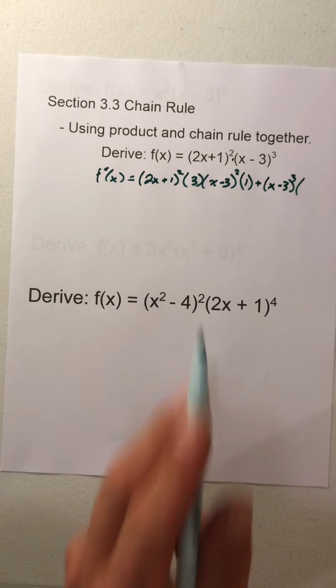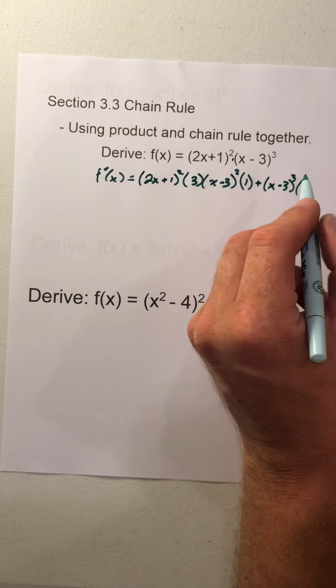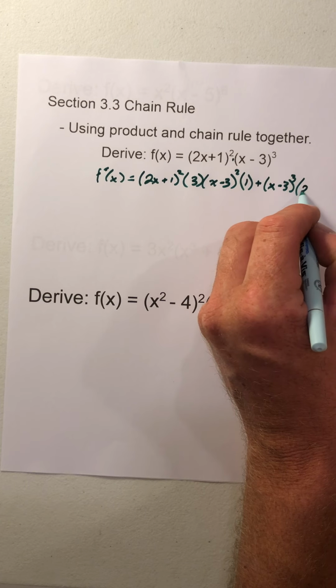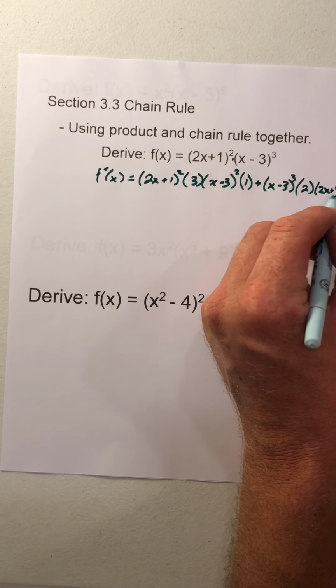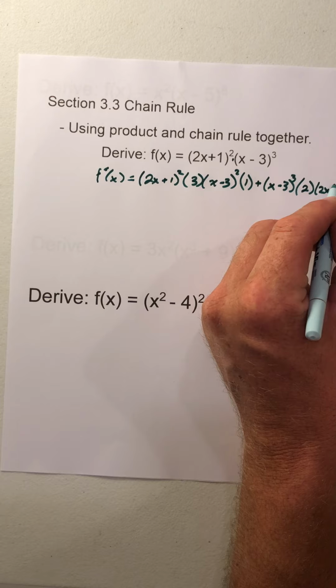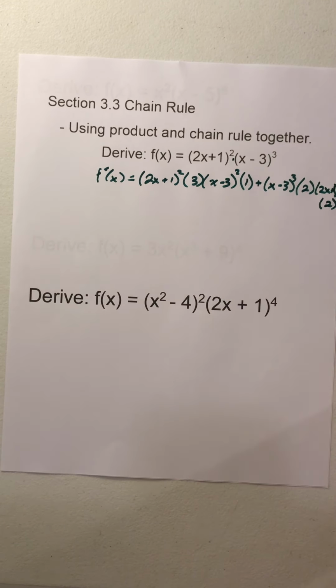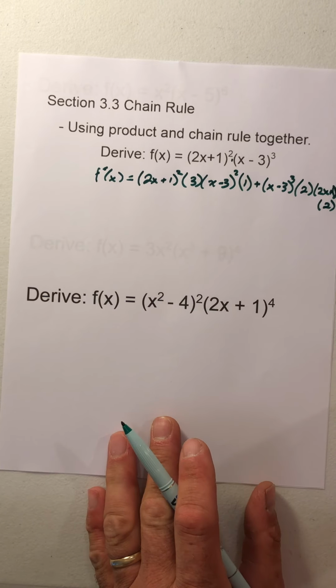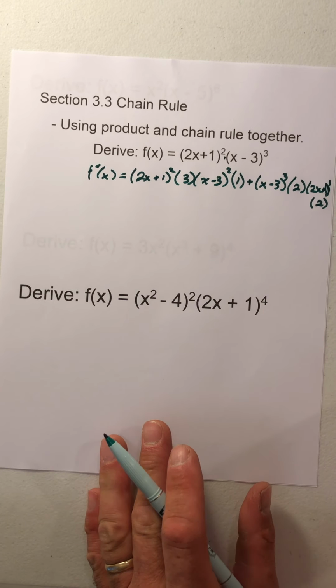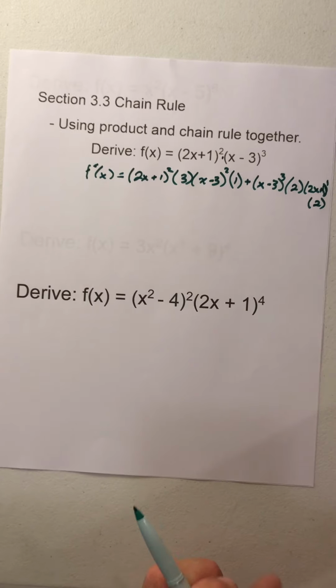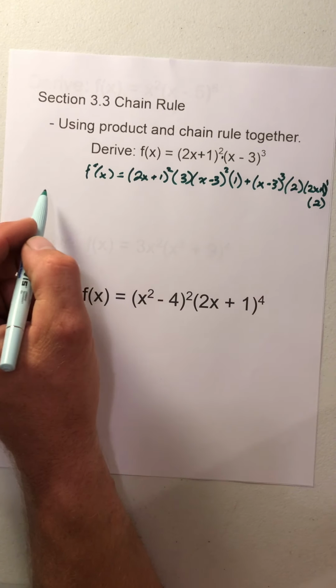I'm running out of room. I should have started over at the side, shouldn't I? Oh, well. We're going to bring our 2 down, 2x plus 1 to the first, and then we're going to multiply by the derivative inside, which is 2. I promise the next one I'm going to start way over on the left side.